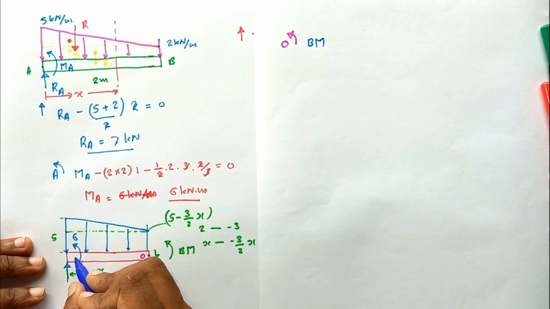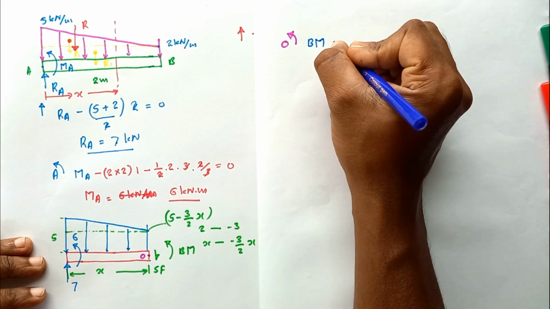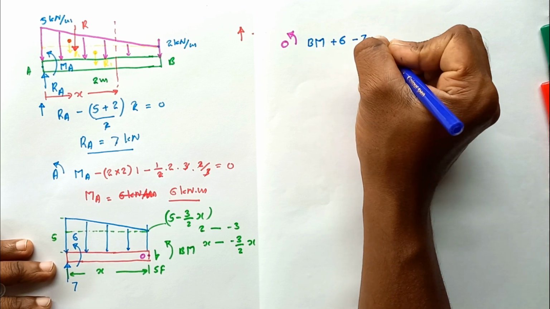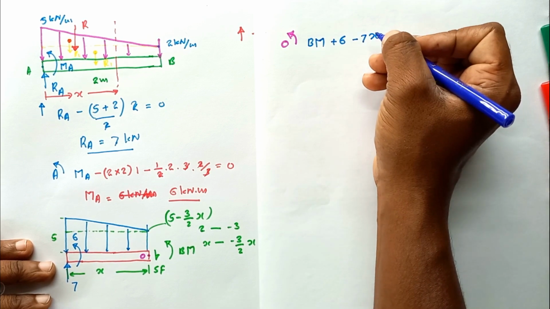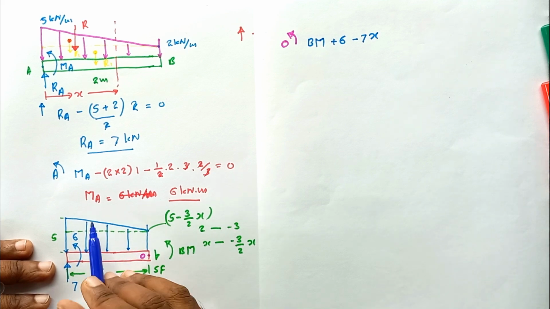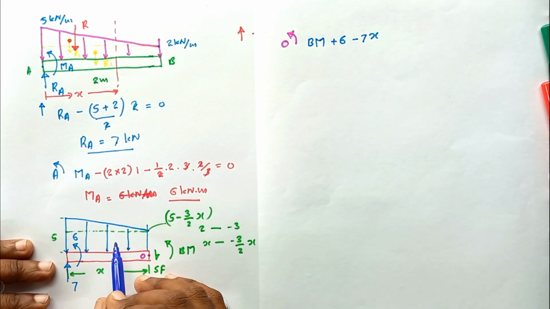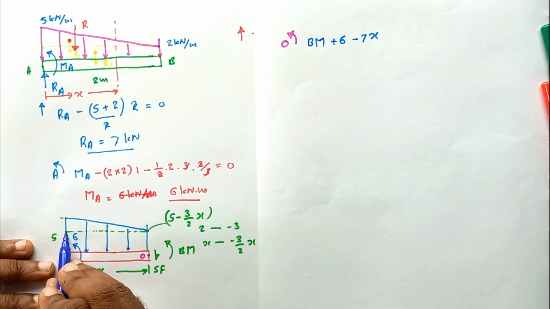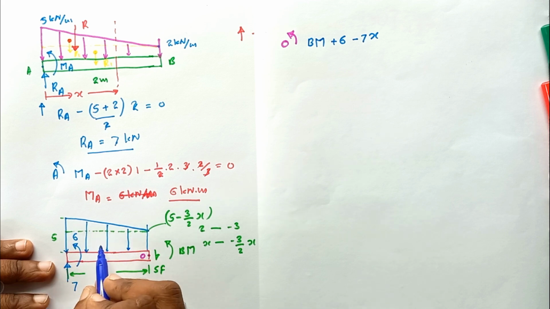Here 6 plus 6 minus 7 into x. Then for the moment produced by this linearly varying distributed load, I'm going to divide this total area into two areas, the rectangular section and the triangular section.